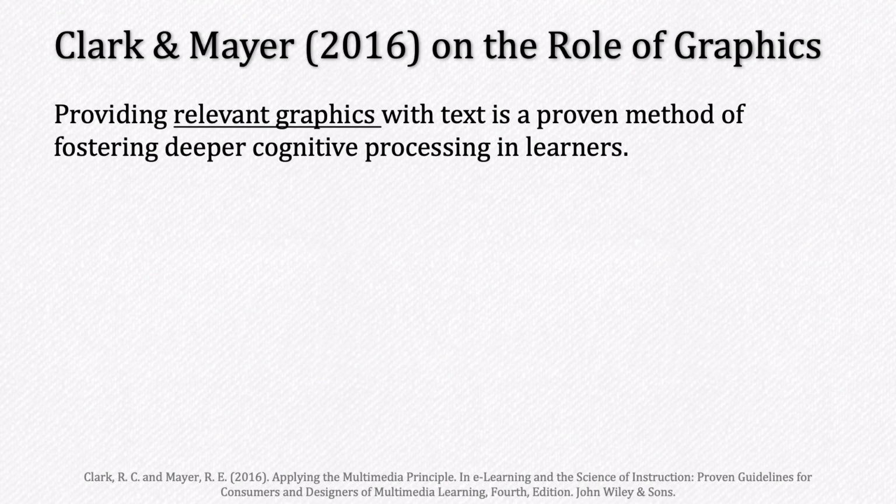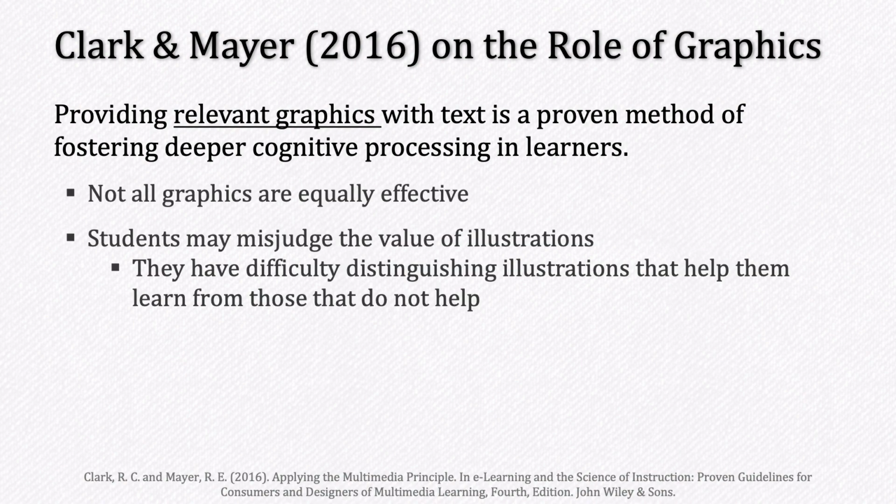Now I'd like to explore what we learned in Clark and Mayer's article about applying the multimedia principle. In this article, we learned that providing relevant graphics with text is a proven method of fostering deeper cognitive processing in learners. In addition, we learned that not all graphics are equally effective. We also learned that students may misjudge the value of illustrations.